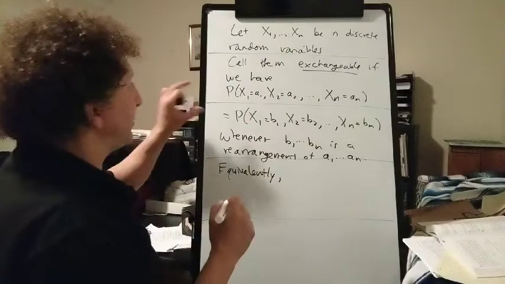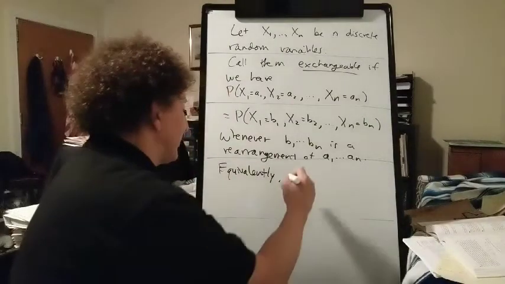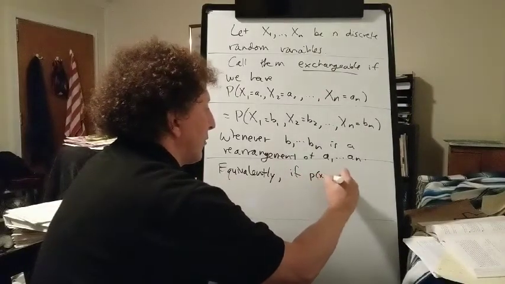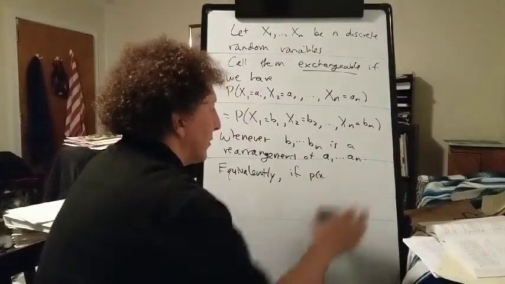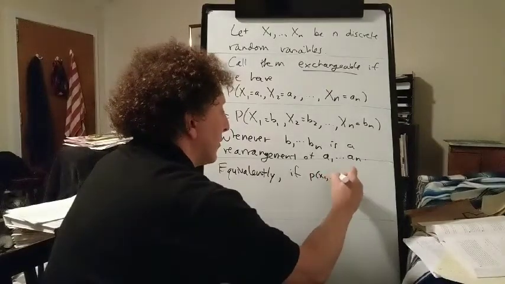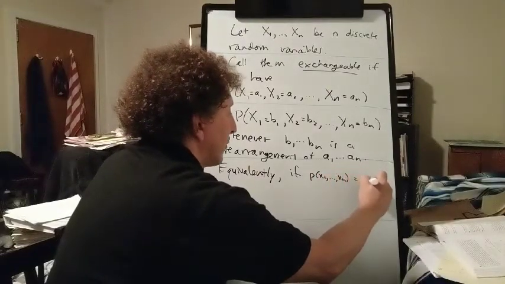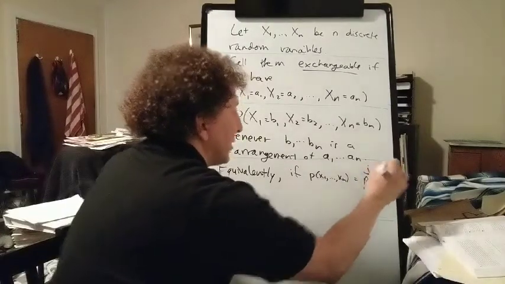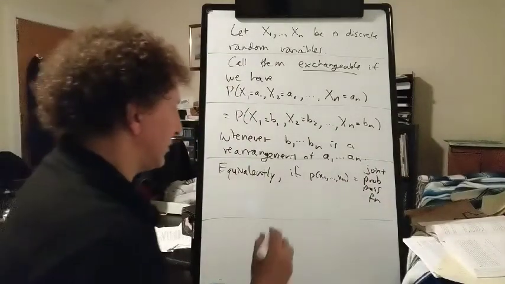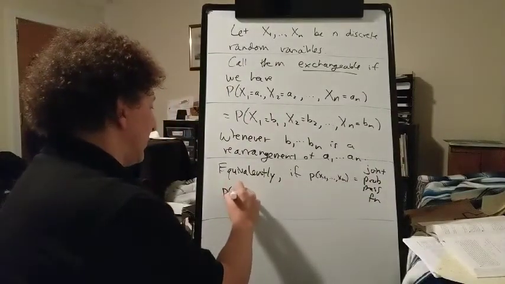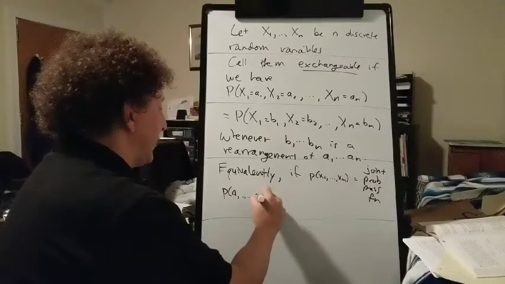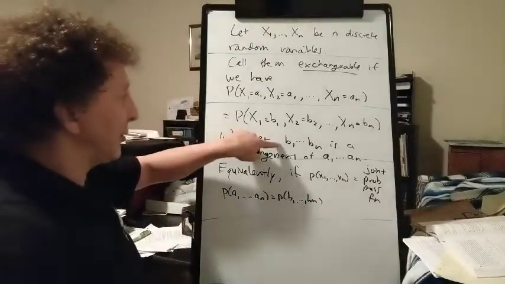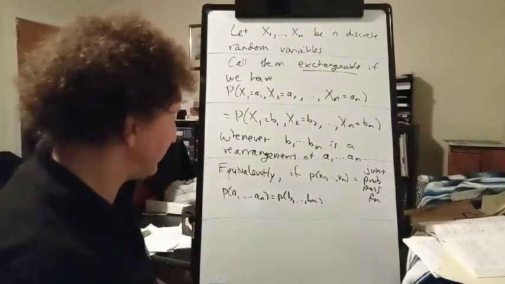Equivalently, if we let little p be the joint probability mass function for these n random variables, I'm saying that p(a1 through an) equals p(b1 through bn) whenever b1 through bn is a rearrangement of a1 through an.